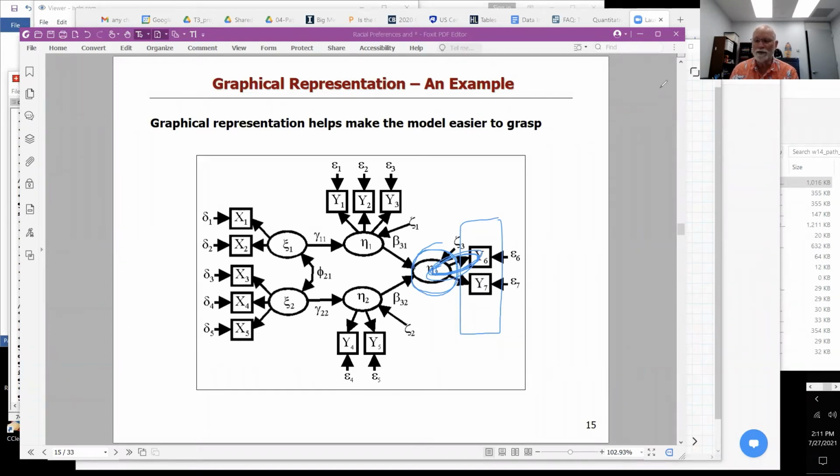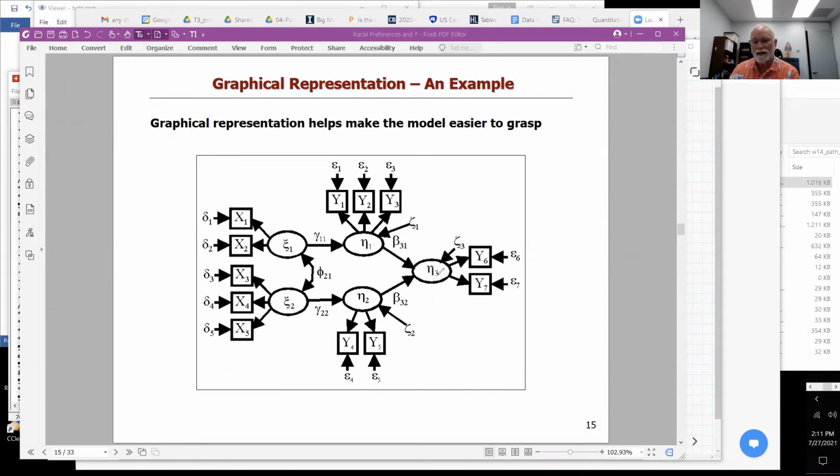The latent variable has caused this indicator to take the value it has. That would be because the measurement process captured that connection well.